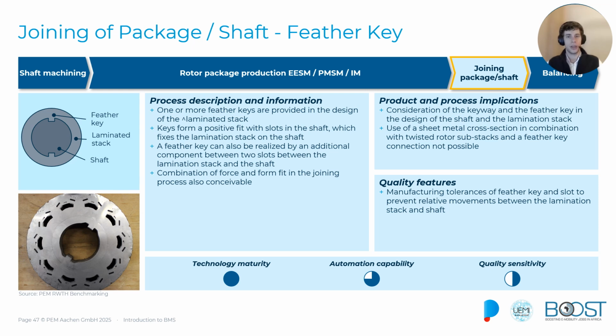The feather key is then placed into these keyways, fitting snugly to lock the rotor in position with the shaft. This method ensures precise alignment and prevents rotational slippage during the operation, providing a secure mechanical connection.